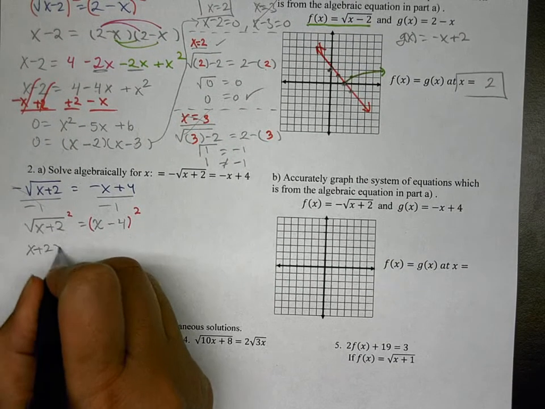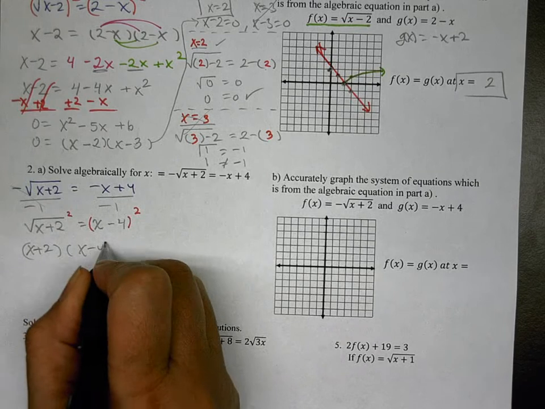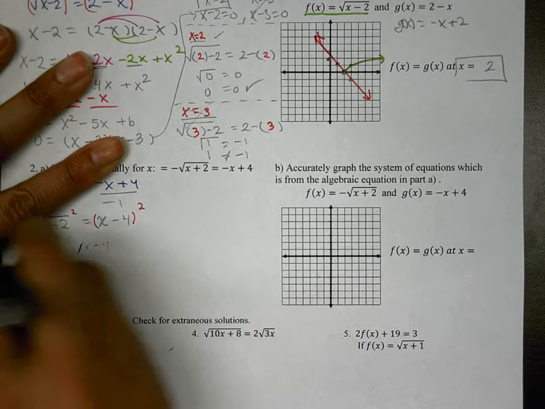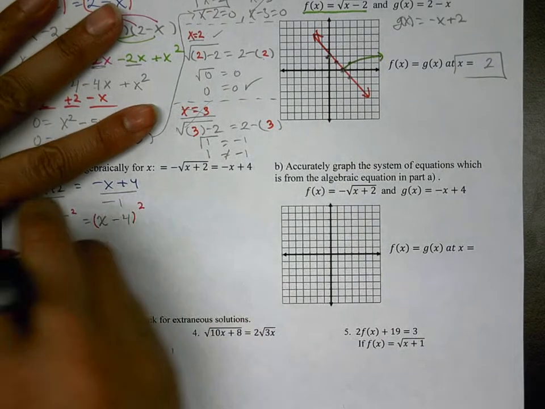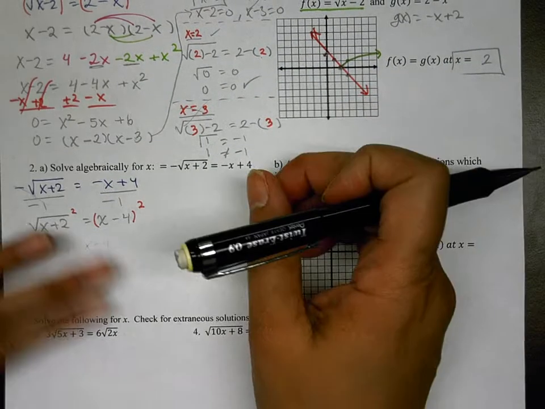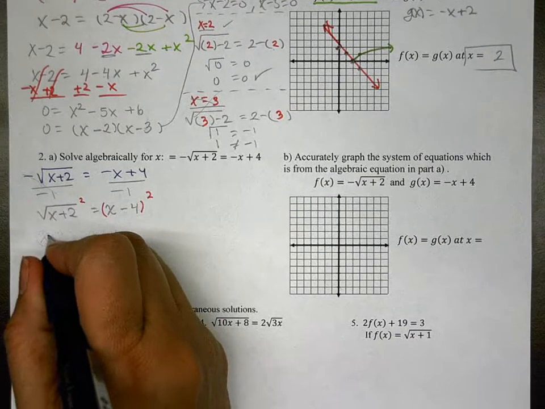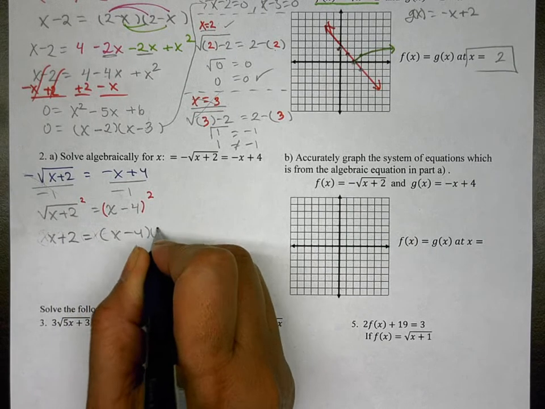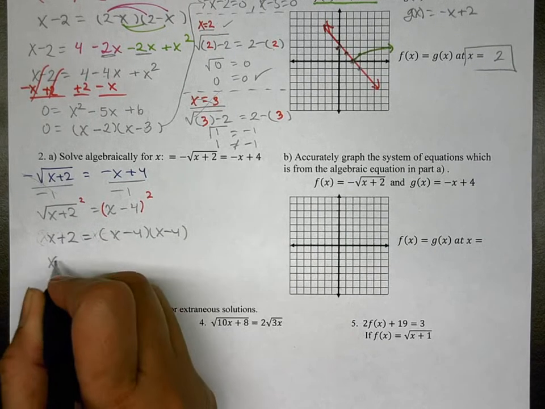X plus 2 times x minus, nope, I'm going to rewrite that. Got a little ahead of myself. The squared and the square root undo each other, leaving behind x plus 2 equals x minus 4 times x minus 4.